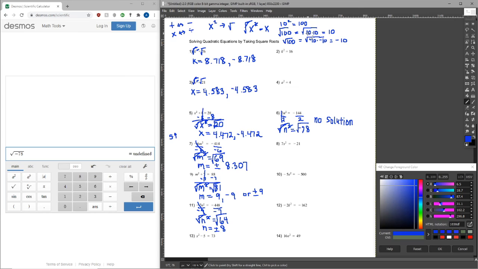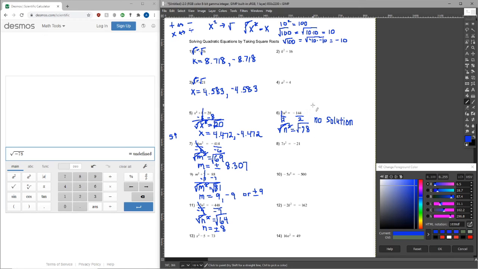Remember that 10 times 10 was 100, so the square root of 100 was 10. The square root of 100 was also -10 because -10 times -10 equals 100. Well, there's no way to make a negative number.